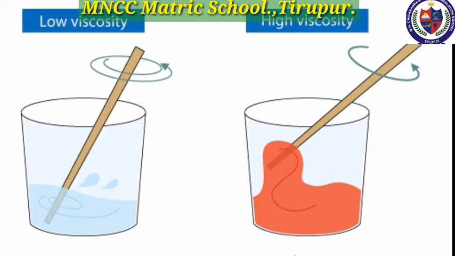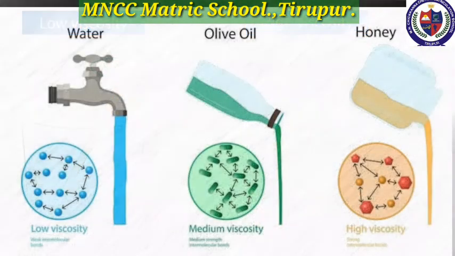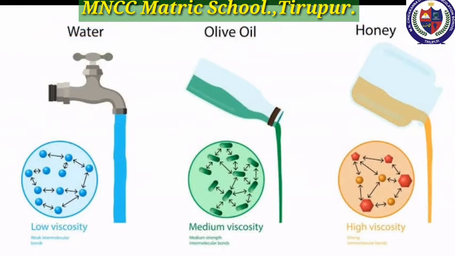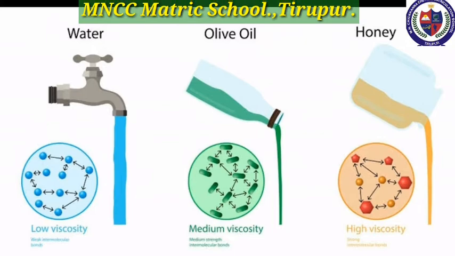And another example, just observe the picture. Water has weak intermolecular bonds, so it has low viscosity. In olive oil, medium strength intermolecular bonds are seen, so olive oil has a medium viscosity. And honey has strong intermolecular bonds, so it has high viscosity.